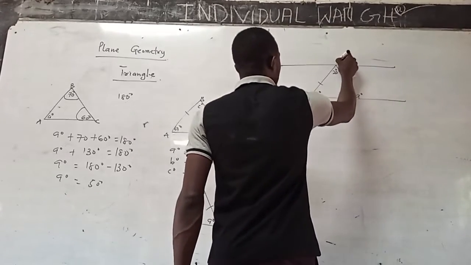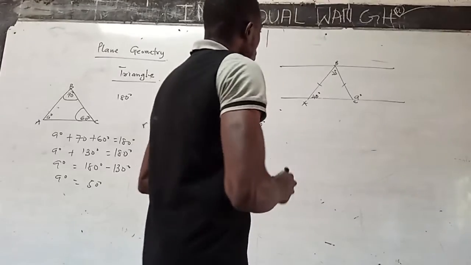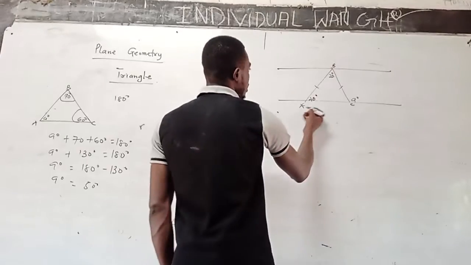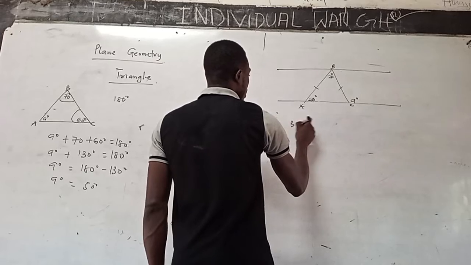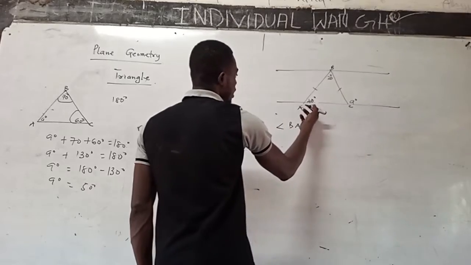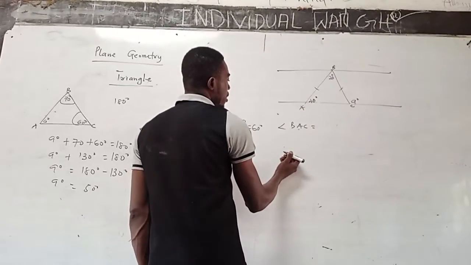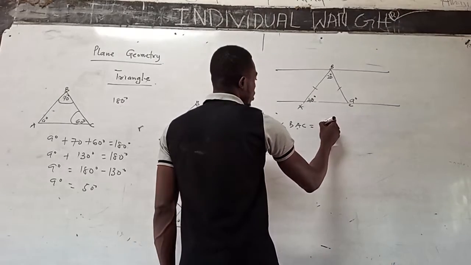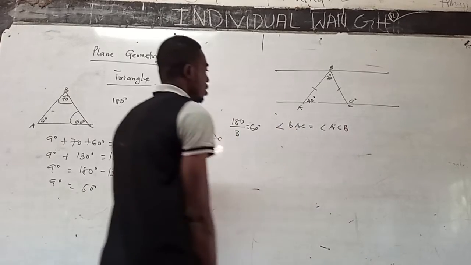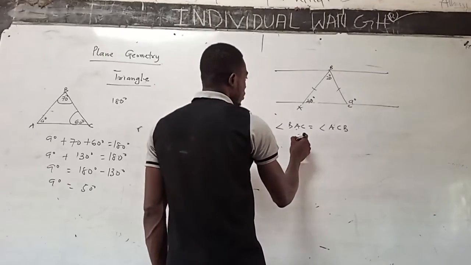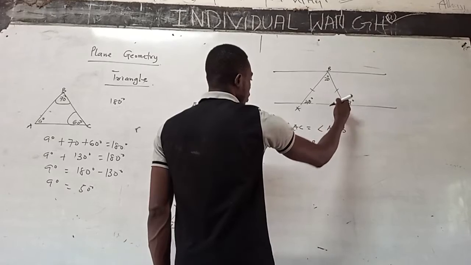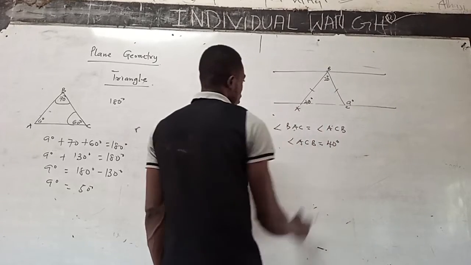If here is A, B, and C, you know that in an isosceles triangle the base angles are the same. So angle BAC, the middle one that we are emphasizing, is equal to angle ACB. So angle ACB is going to be 40 degrees.